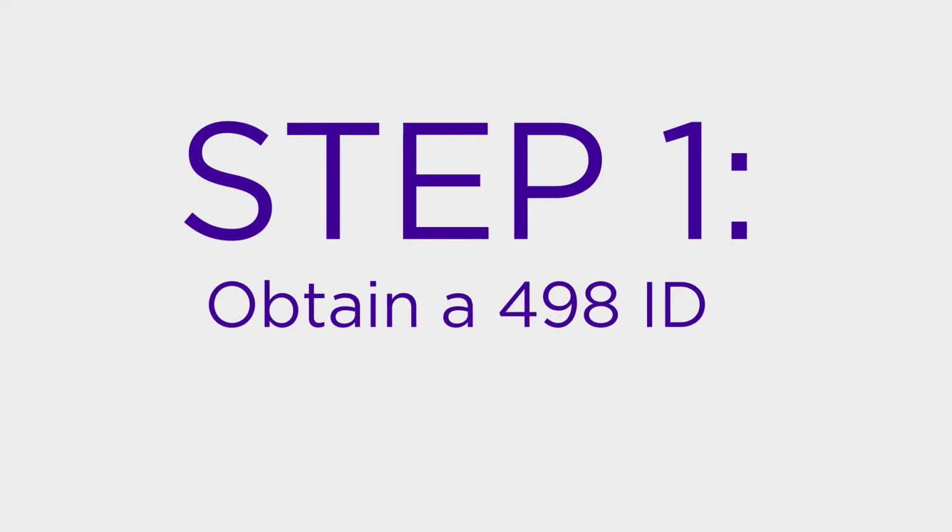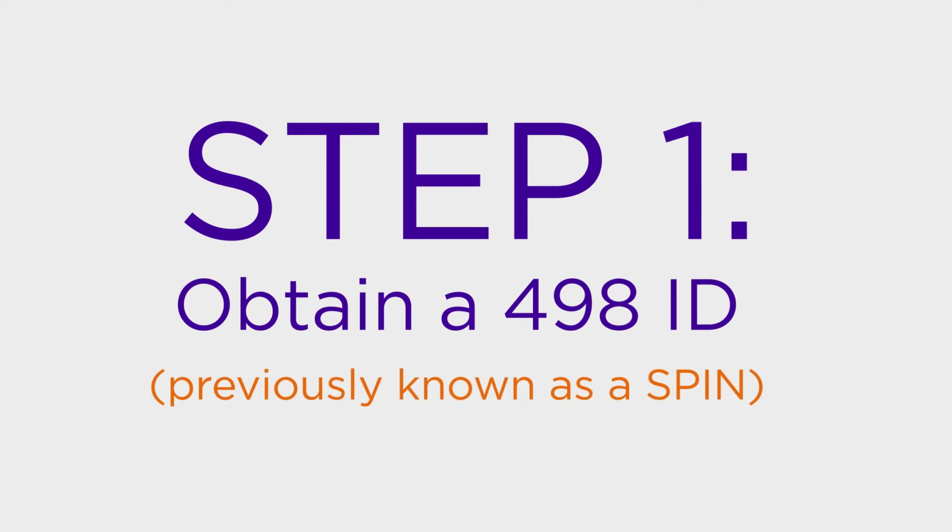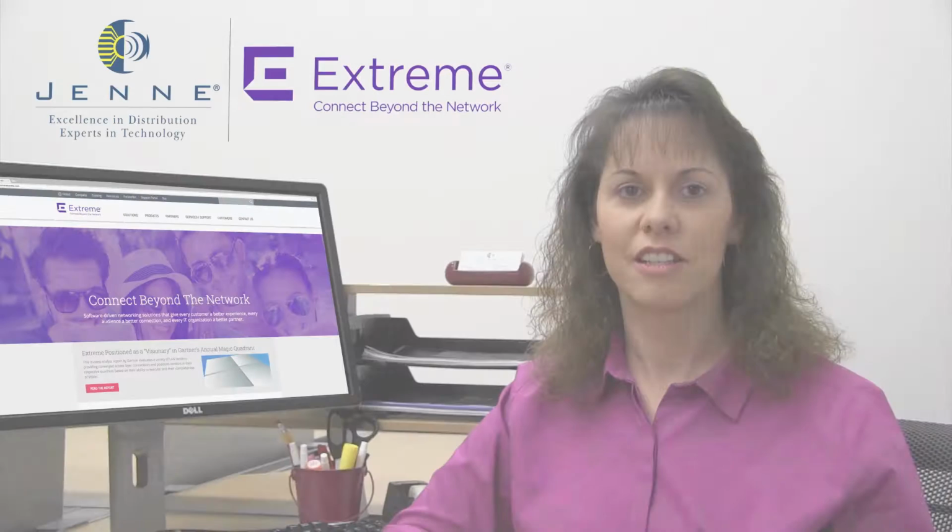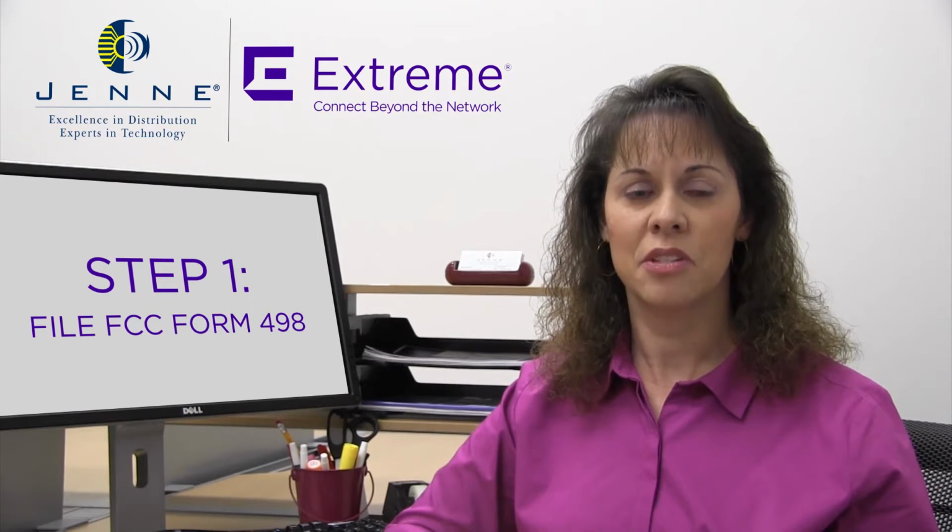Once you've established your EPIC account, you will need to obtain a 498 ID, previously known as SPIN. A 498 ID is required to participate in the E-Rate program. Your first step is to complete the FCC Form 498 on the USAC website. Detailed instructions for completion and submission are provided with the form.